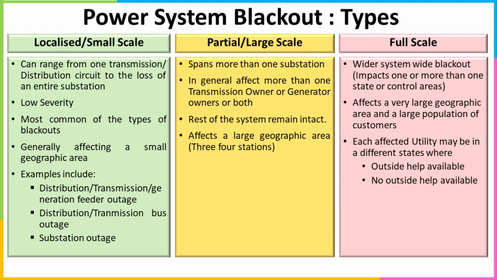In such a condition, there can be two scenarios. In one, when one particular utility or control area gets affected, you can have some outside help to restore the system. In the other case, you don't have any help available from outside. So these three categories of blackouts are there. We will look into examples also, and hope you get the basic meaning of how we can define these blackouts. Based on these types, we define our course of action later on.